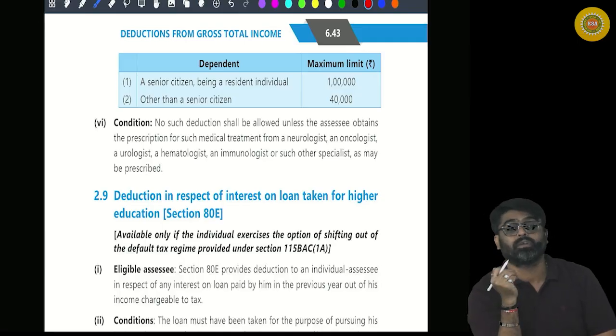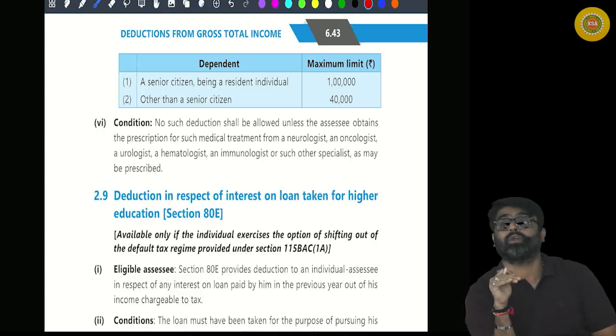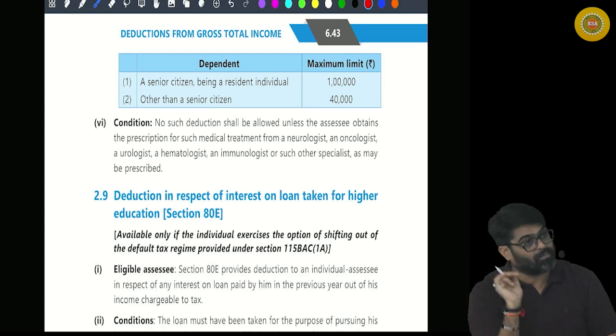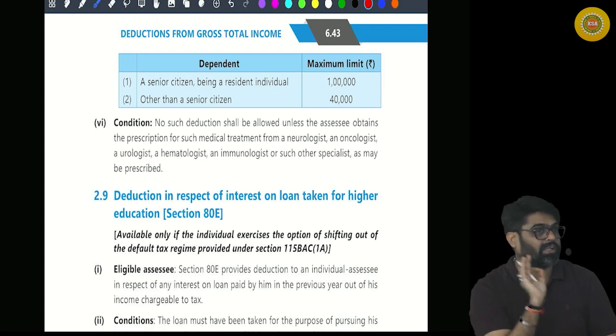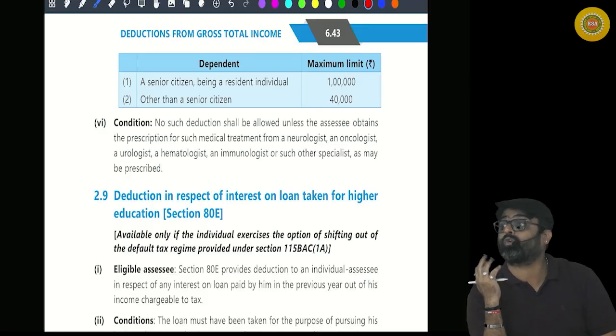If you are a resident individual or resident HUF, and you have incurred expenditure for treatment of specified disease for yourself, your spouse, parents, children who are dependent on you, then whatever expenditure you have incurred will be allowed under 80 DDB subject to maximum 40,000.